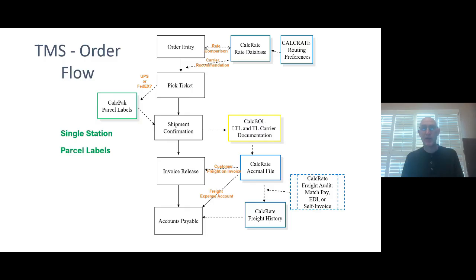You'll see another box I've added on the left-hand side, which is in green, which is a parcel label box. As I mentioned earlier, the parcel rates are stored in the rate engine, but ultimately, if you opt to ship something via one of the parcel carriers, UPS or FedEx within the United States being the most popular, you're going to need labels for each carton.